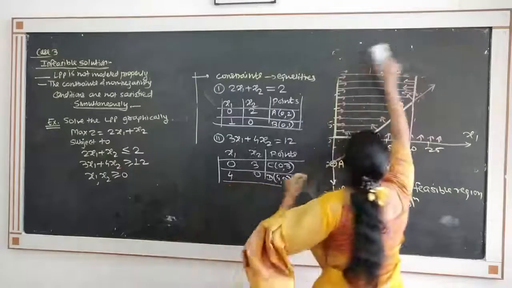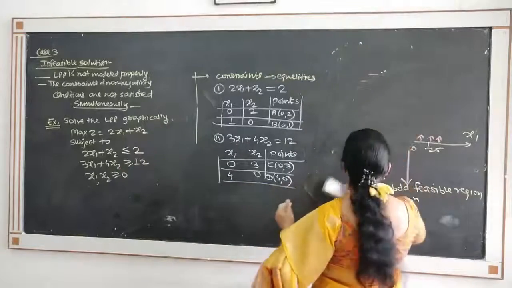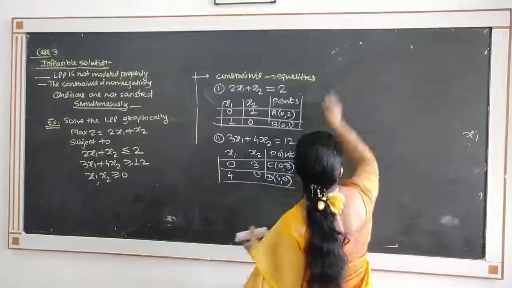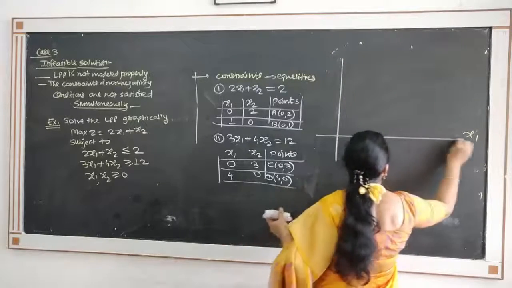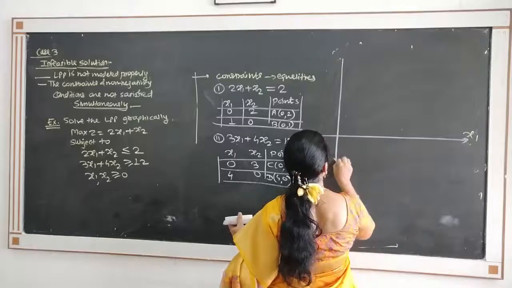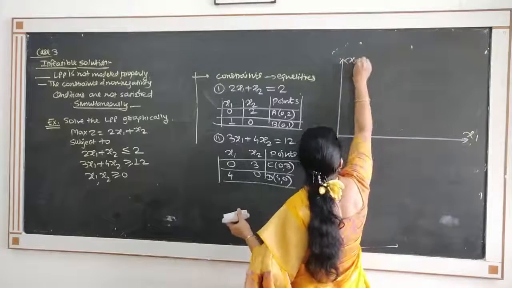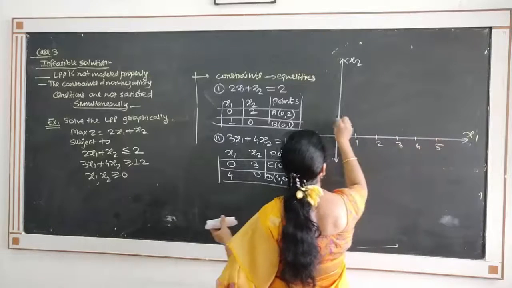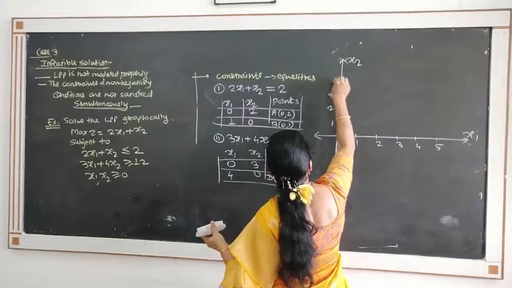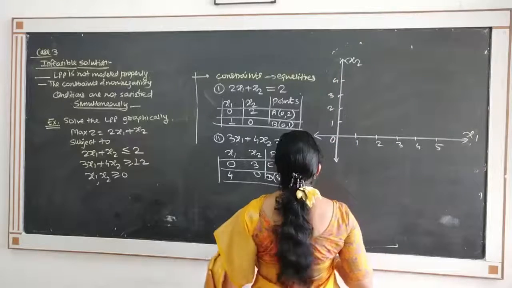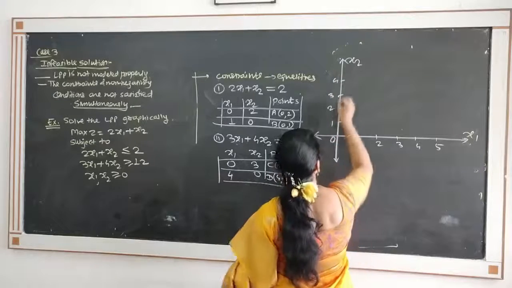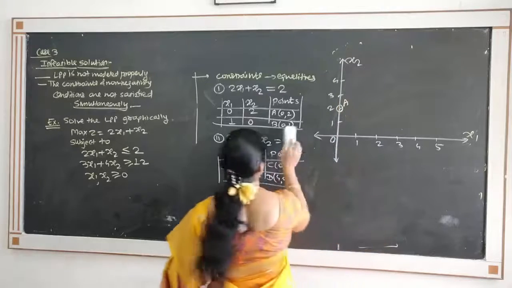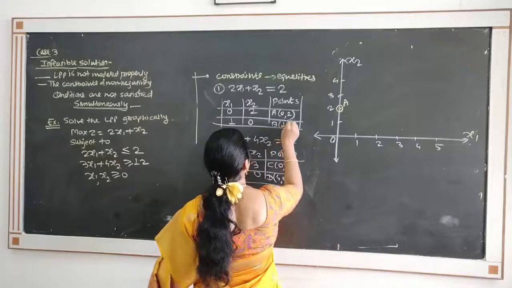Plot the graph. As the maximum value of x is 4 and that of y is 3, we take the scale accordingly. x1 axis, x2 axis. The first point is 0, 2, the A point, and here it is 1, 0, sorry.